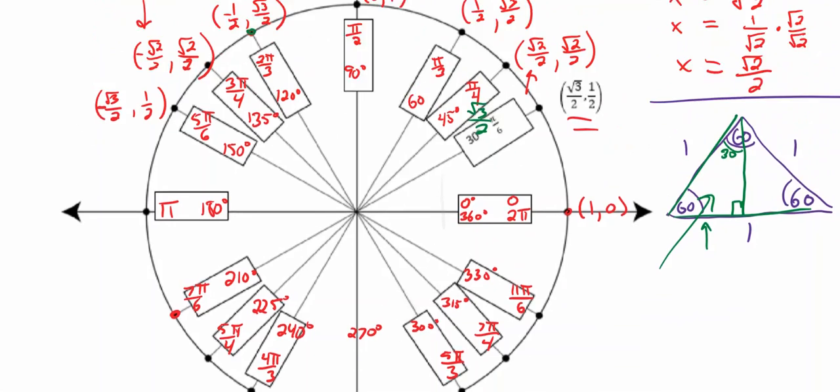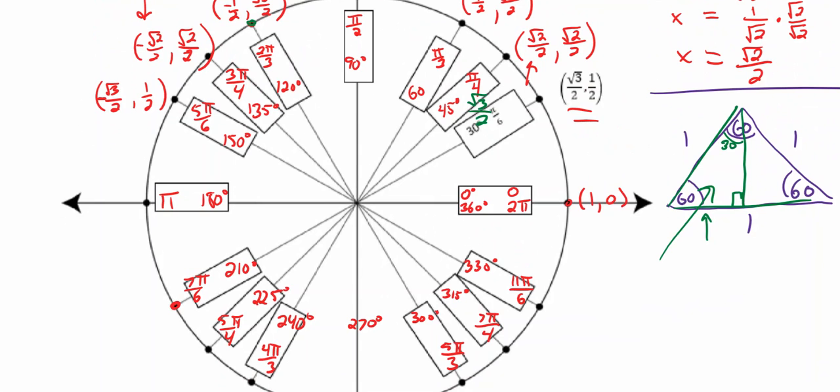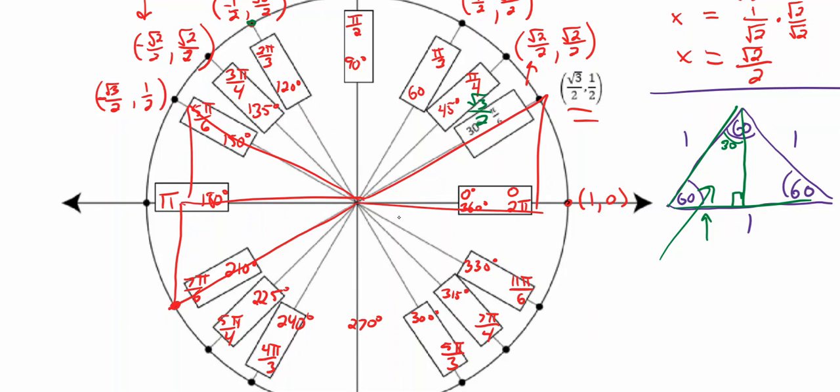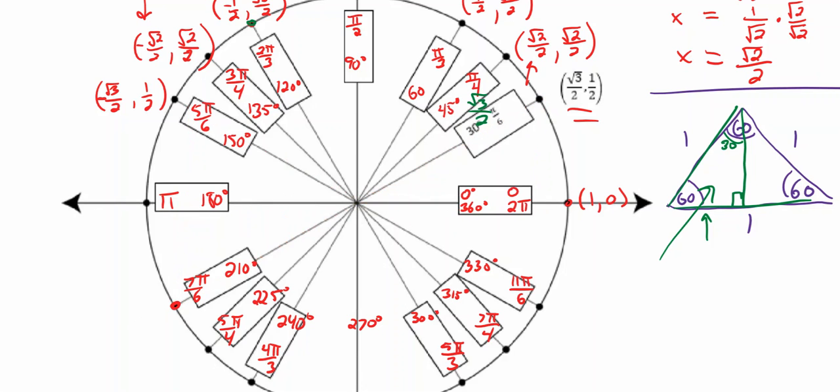In this case, do you see that this triangle, if I go back up to the x-axis, is the same as this one and this one? Those are all going to be the same as far as the actual point is concerned, our x and our y value. Hopefully that didn't confuse you. So in that case, it's still going to be root 3 over 2 and a half.